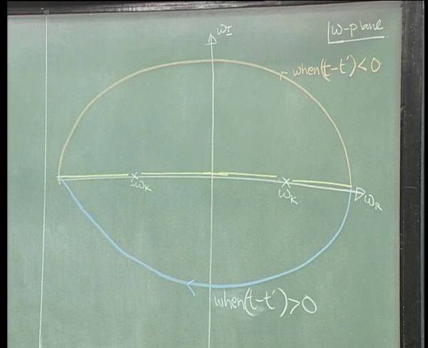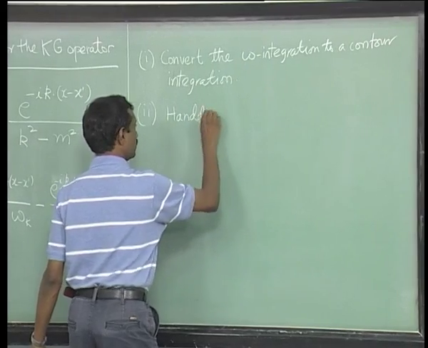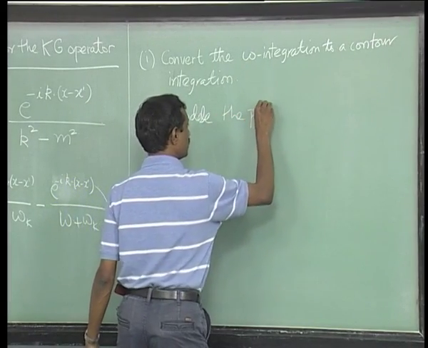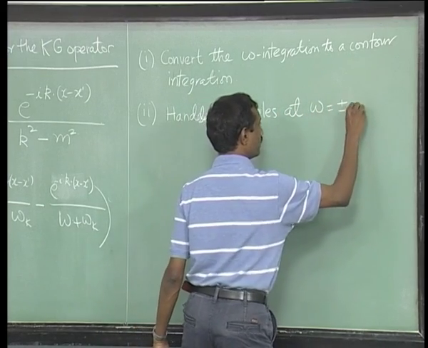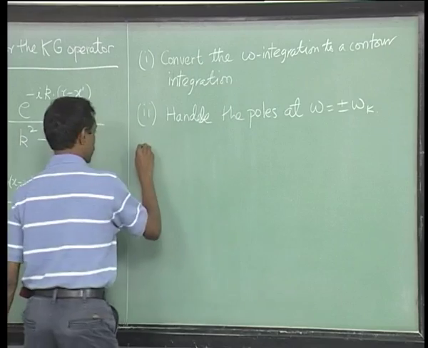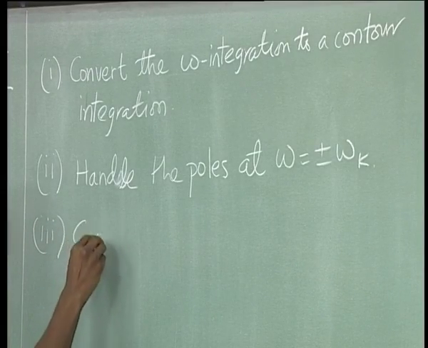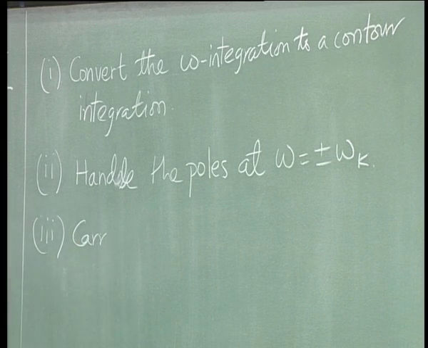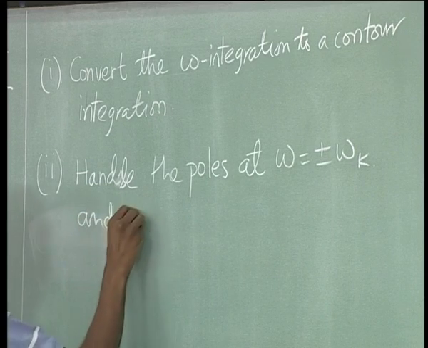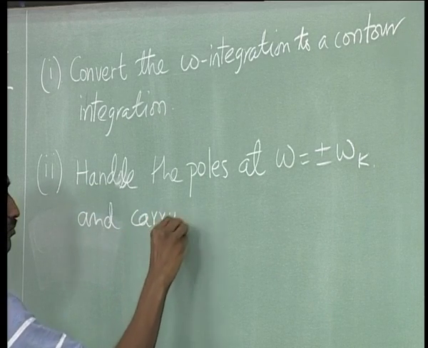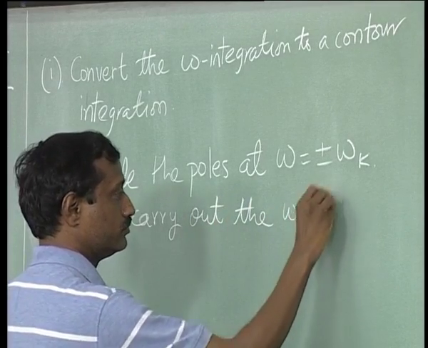And so, the next bit is to handle the poles at omega equal to plus or minus omega k. The third bit is to actually carry out the omega integral.